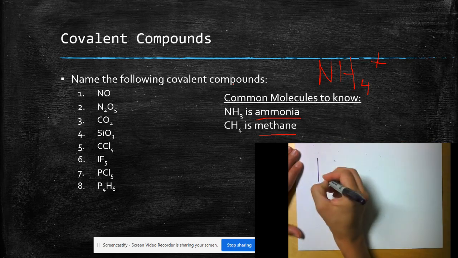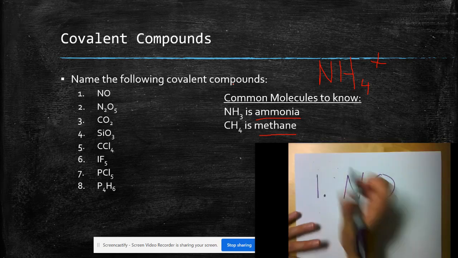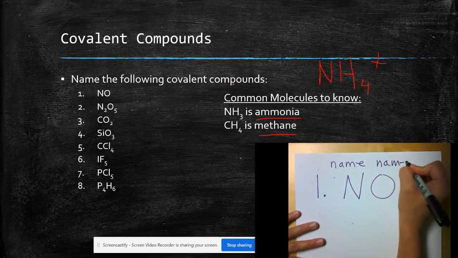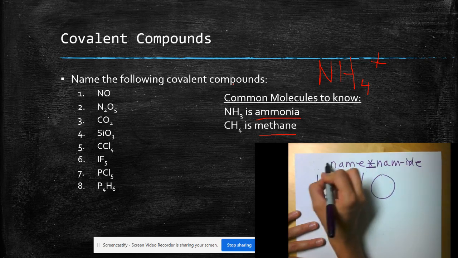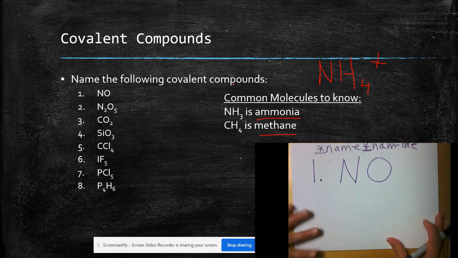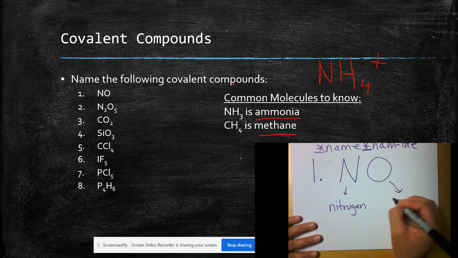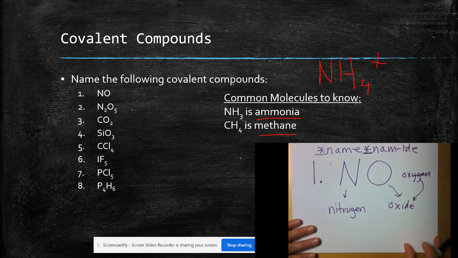All right, so let's take a look. Number 1 says that we have N and O. If you remember, we said we're going to name the first element, name the second element but add IDE, and then add the prefixes. So this would be nitrogen, and then this would be oxide, because oxygen turns into oxide.